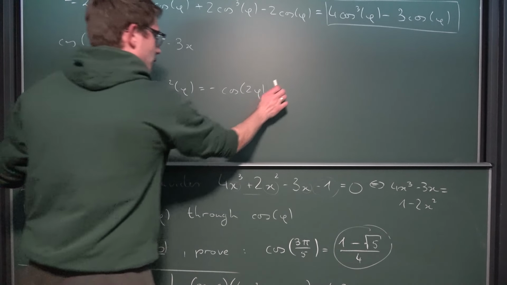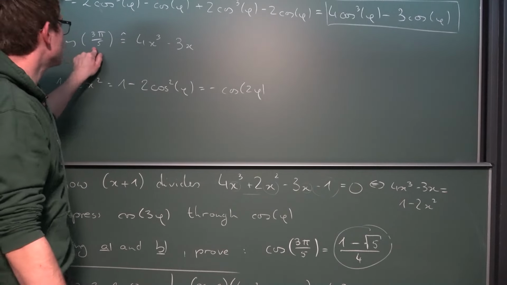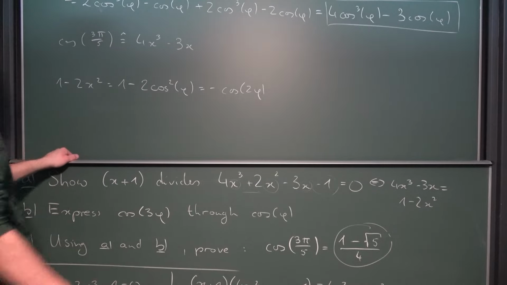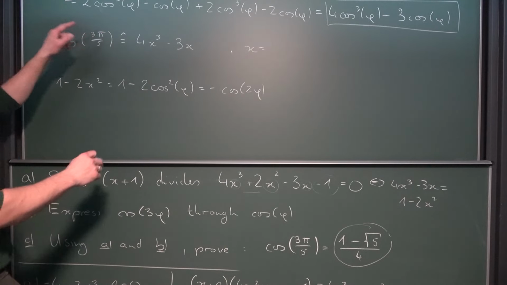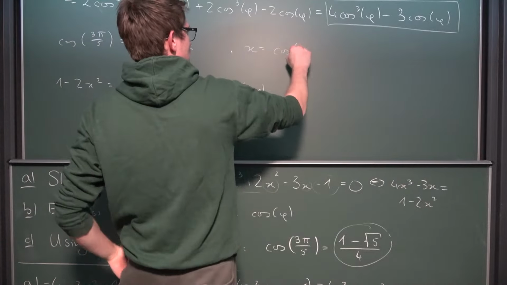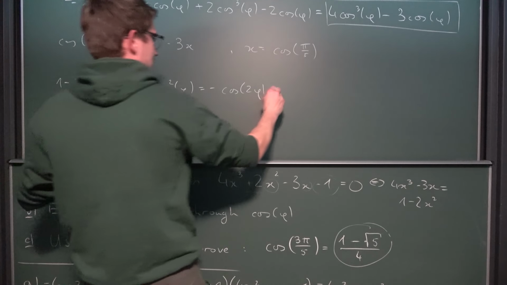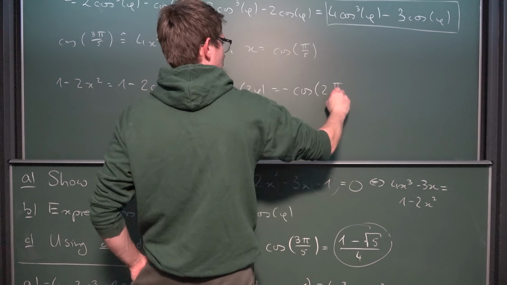Oh, but I'm writing everything with respect to phi. Why am I saying phi all the time? X is equal to, since this right here is 3 times pi over 5, then this is the cosine of pi over 5, right? So if we plug this in, we get negative the cosine of 2 times pi over 5.